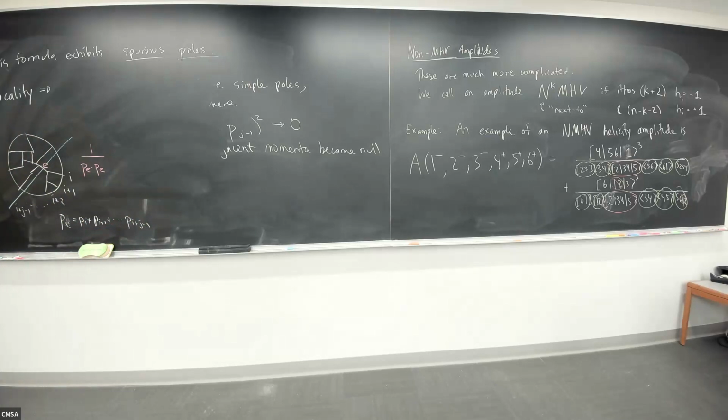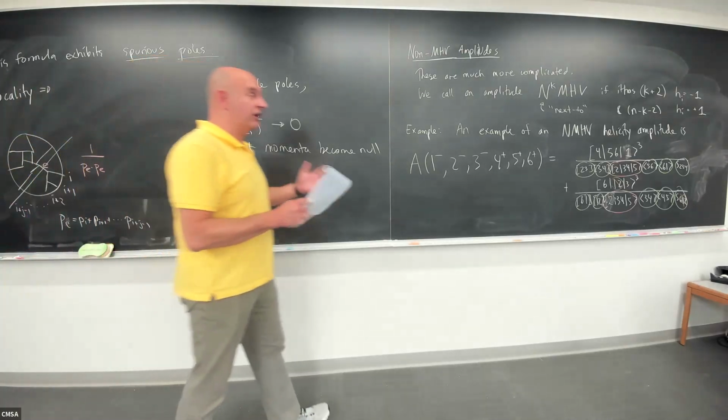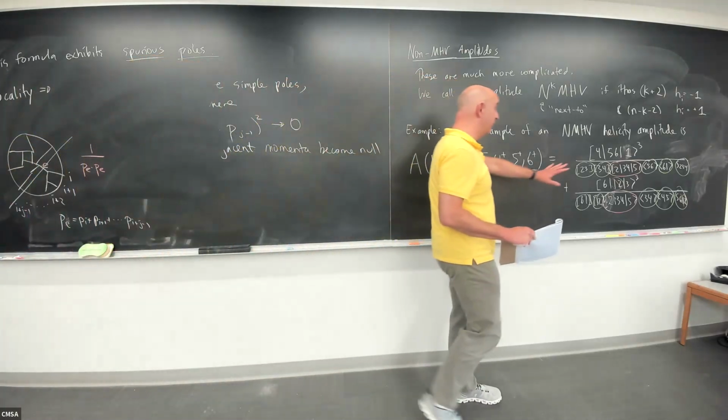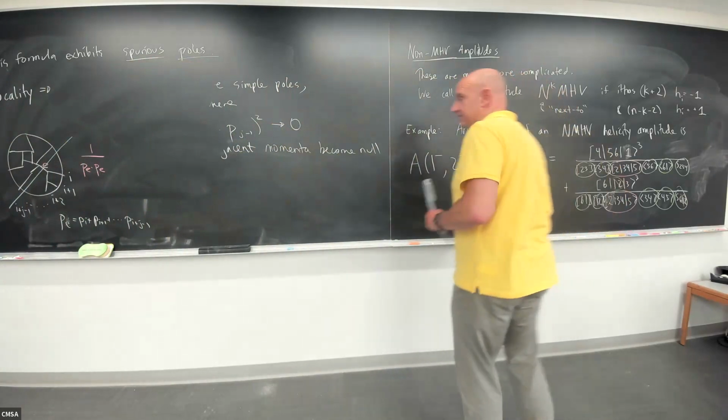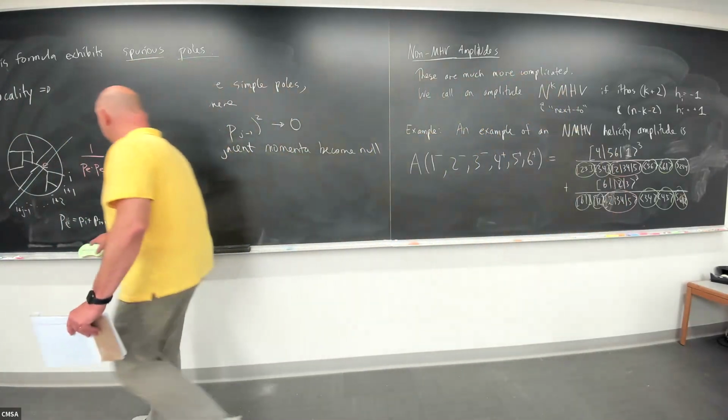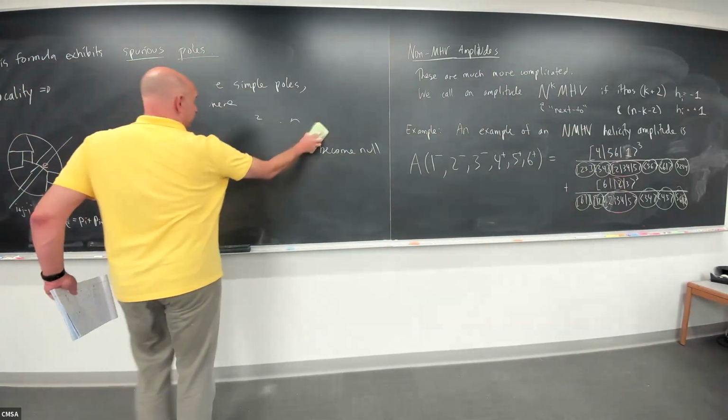So from the Feynman diagram point of view, it's manifest that you only have these poles. But from the more compact expressions we get from these more sophisticated methods, these spurious poles are ubiquitous. They're unavoidable if we want to have more compact expressions.